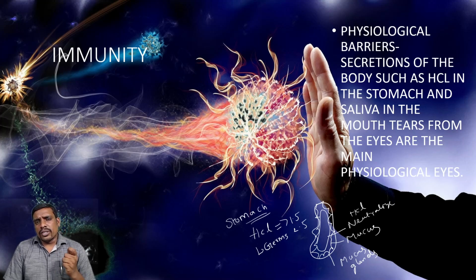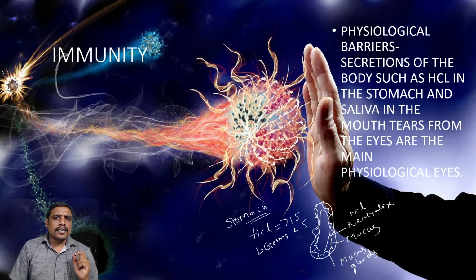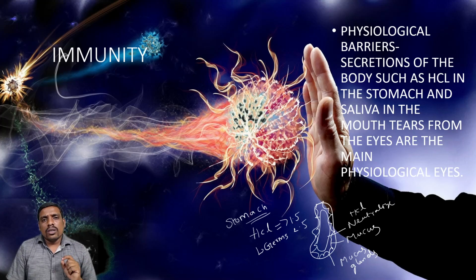Whenever this food enters the stomach, the digestion process starts immediately. During this process, if any dust particles, germs or microbes are present in the food, they are immediately removed, neutralized and killed by the HCl. So that's why HCl is a physiological barrier.